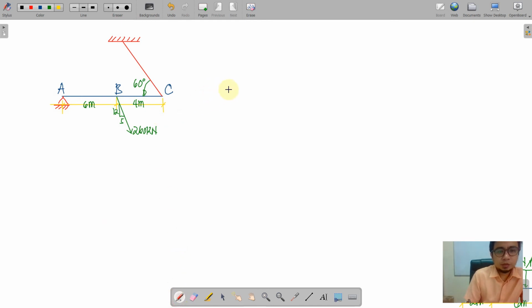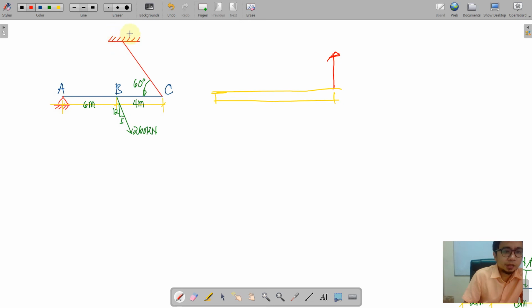Next. First, we illustrate the free body diagram. So this is the beam. We have here the reaction. I think I'll just express this now into its components.